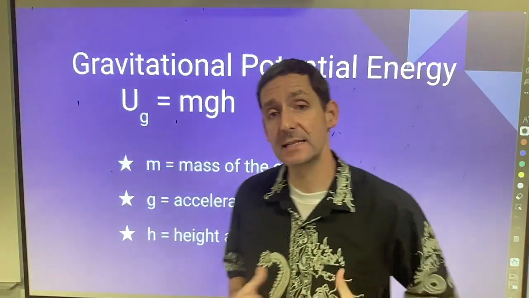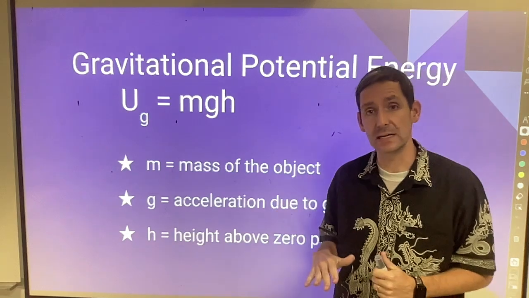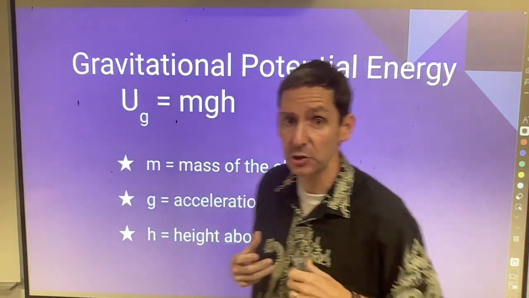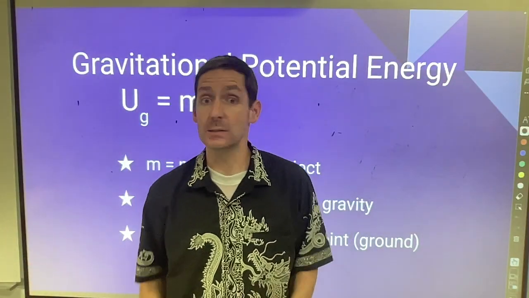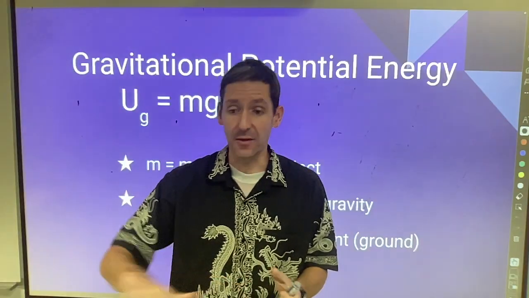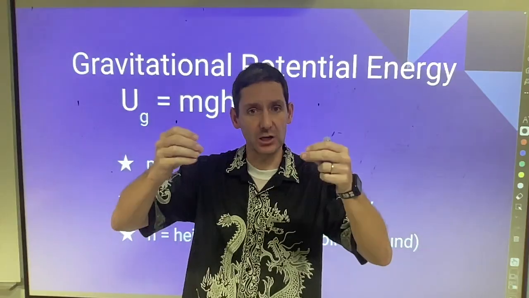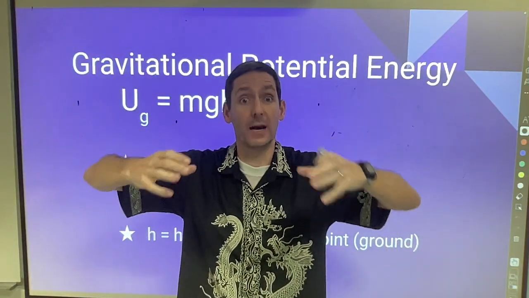Now, the reason I say the height above your 0 point is that you can choose where that 0 point is. Right now, I'm in the science room, which is on the 3rd floor of this building, yet I don't have to use the absolute ground as my 0. I can say that the floor of this room is my 0 point. And so I can just say that the height of my ball, if I held it at about chest height, would be 1.5 meters.